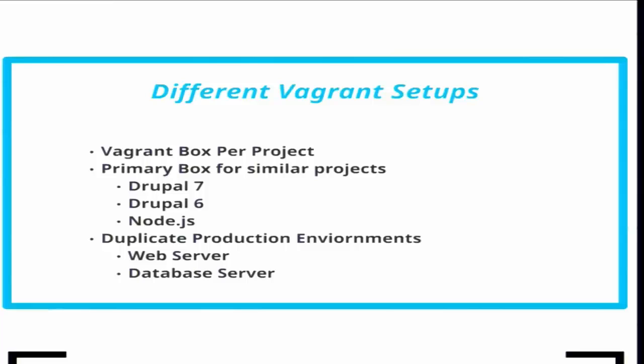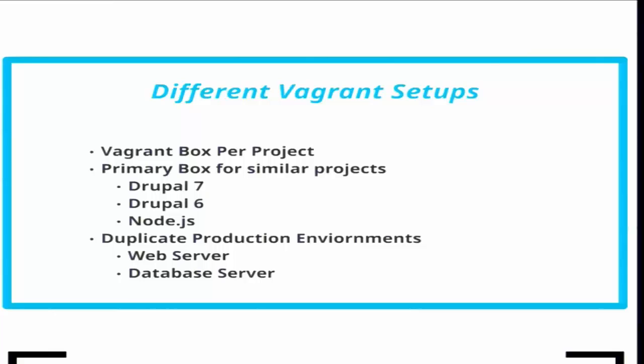Another way to do it is to have a Vagrant box for multiple projects. That tends to be the way that I like to work. I don't necessarily like a Vagrant box per project. I like Vagrant boxes for different types of things. So for Drupal 7, I'm going to have one Vagrant box for all of those, and then I have my shared folder be the projects directory where I have my Drupal 7 projects. I do the same thing for Node.js or Drupal 6 or upcoming Drupal 8.